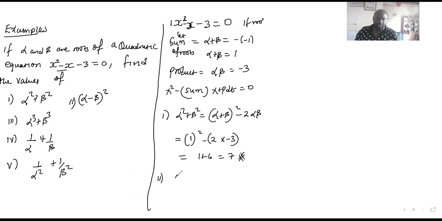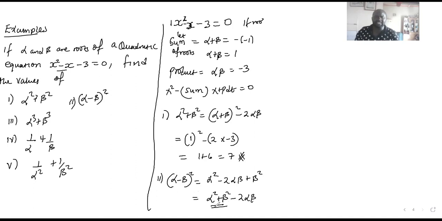Case 2. Alpha minus beta squared. I told you this one, they set it in a funny way. They are not setting it as alpha squared minus beta squared. They are giving us alpha squared minus 2 alpha beta plus beta squared. You see, they are telling you that you now have alpha squared plus beta squared minus 2 alpha beta.